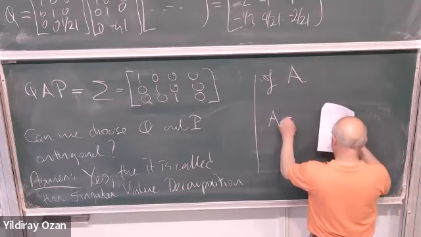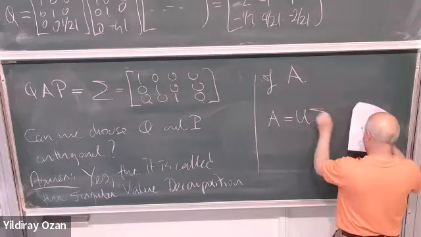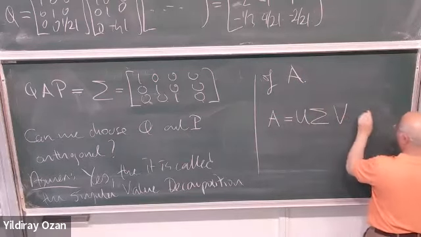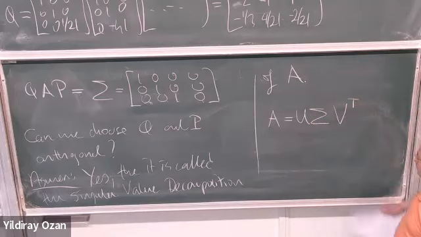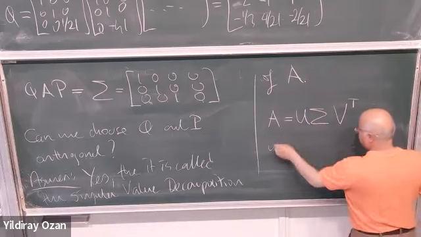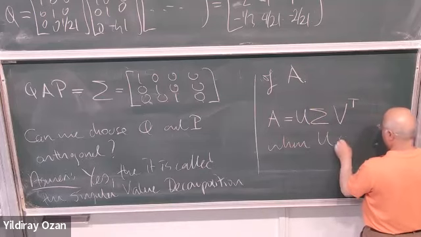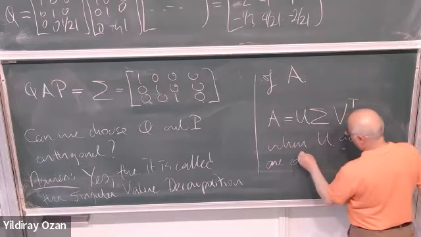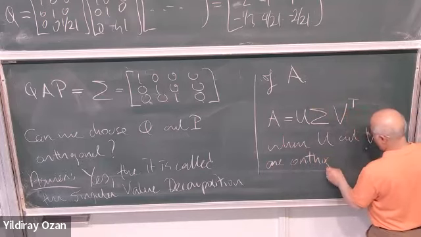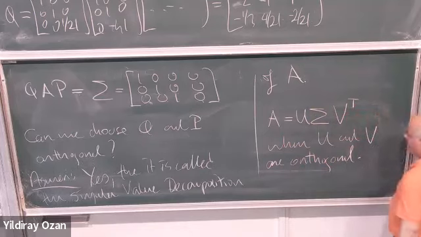A is equal to U sigma V, and actually this will be V transpose. We will call it V transpose, where U and V are orthogonal. Now we will see how we can do this.